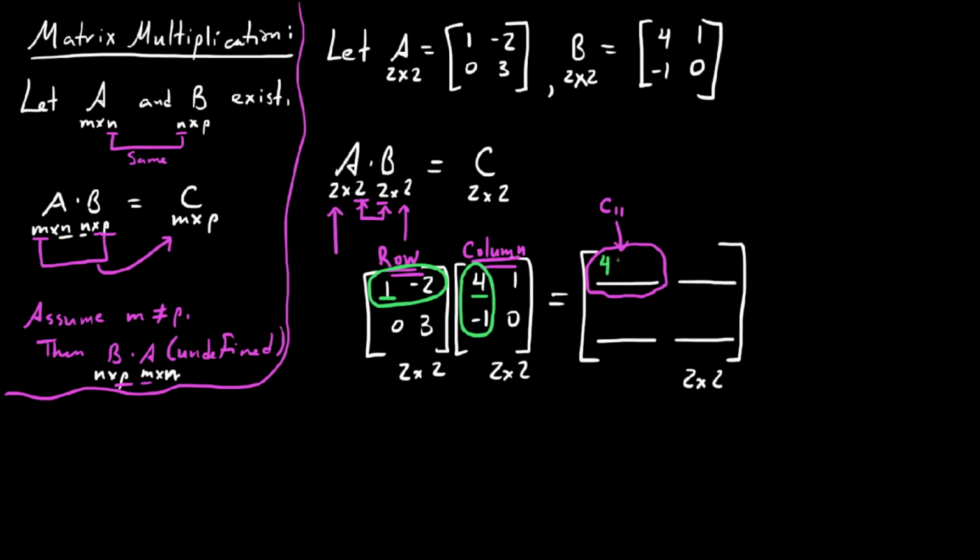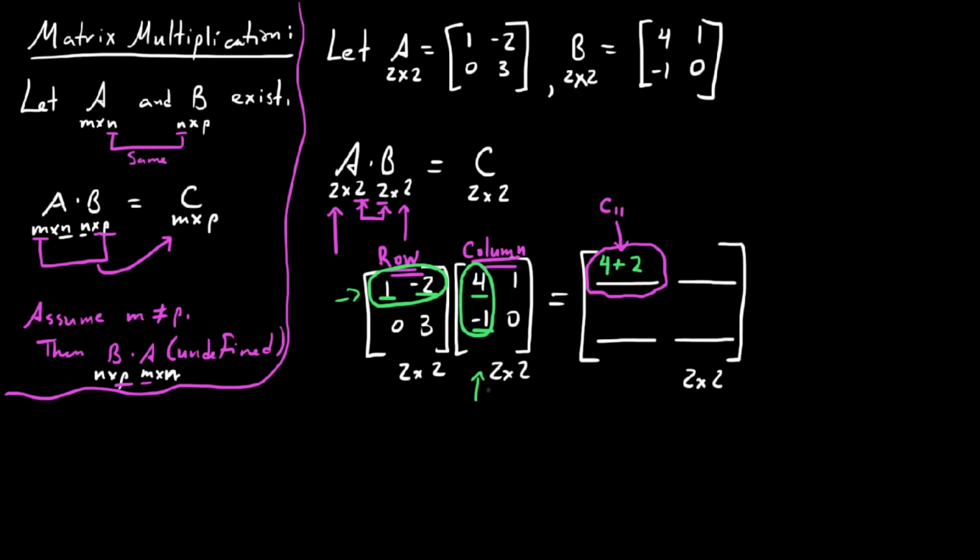And we're going to take that and add it on, and we're just going to keep going right down the row. So we go to the next entry on that row and the next entry in that column, and we multiply those, okay? So -2 times -1 is +2, and we get 2. Now, we would add on more, it's just that we've run out of elements in this row and this column.